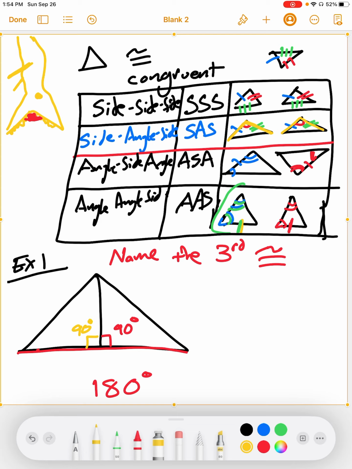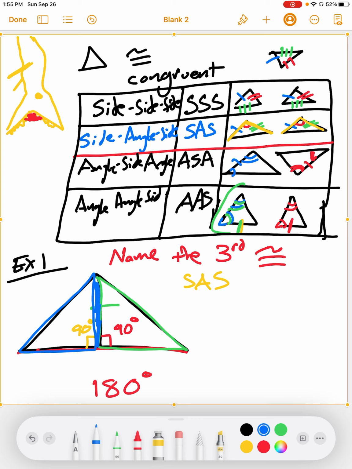Now let's say they want side angle side. There's a hidden congruence here, and that's that this side is shared in my right triangle, the triangle on the right side, and the triangle on the left side, in this case my blue triangle and my green triangle.